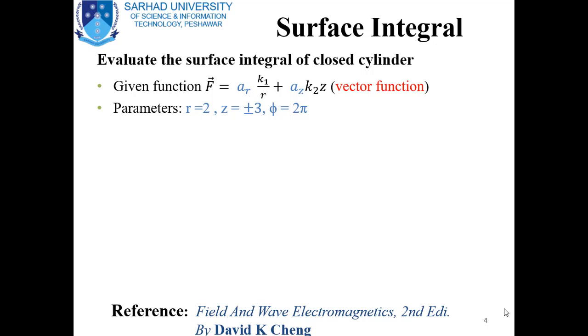This means that the maximum value of the radius, the radial component, is 2, and the z component varies from -3 to +3, and the plane angle is equal to 2 pi.